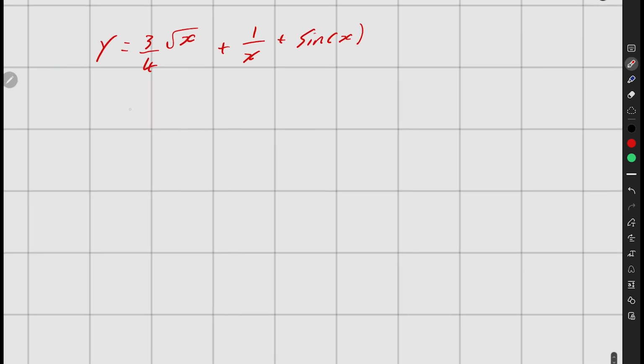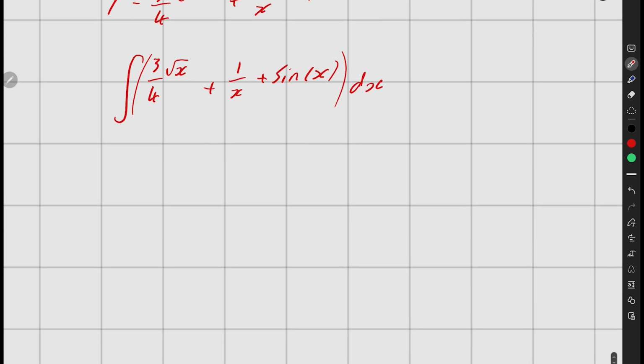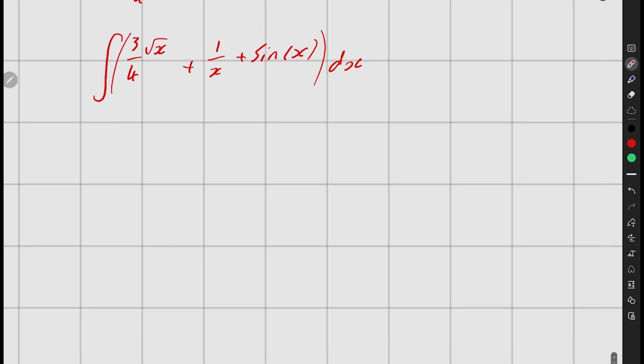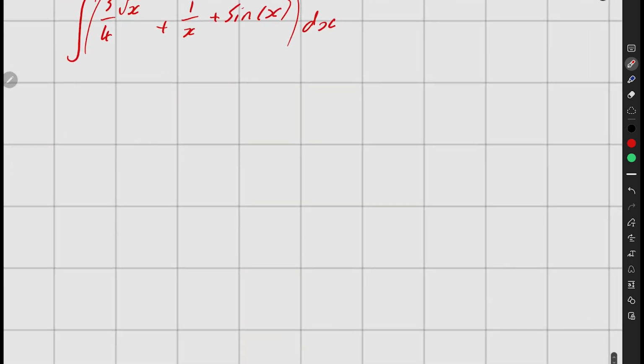So again, let's write our integration symbol in. We're going to have 3 divided by 4 times square root of x plus 1 on x plus sine of x. Don't forget to put brackets around this and write dx as it's with respect to x. Okay, so again, we could bring the constant out the front, but it doesn't really matter too much. Whatever works best for you. For this example, we're just going to work with it as it is.